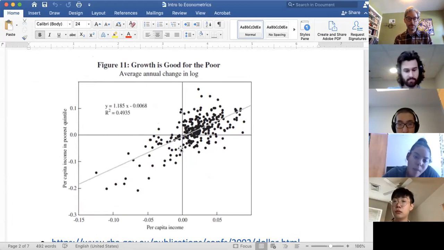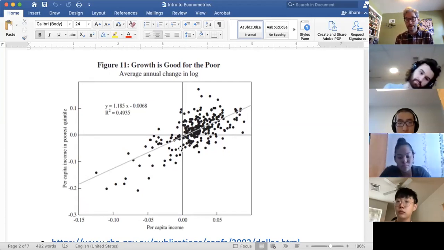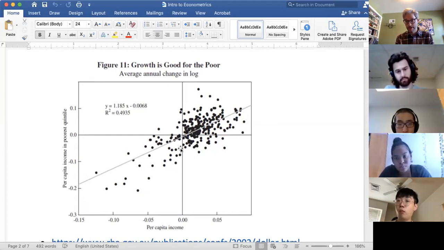What they have here on the vertical axis is Y, and on the horizontal axis is X. So the vertical axis is the log of per capita income of the poorest 20%, and the horizontal axis is per capita income. And then they fit a line to this. So there's the data. You can see all the plots. And then when you fit the line, what do you see about the slope of that line? It's positive, meaning that there is a positive relationship between per capita growth and growth of the poorest 20%.